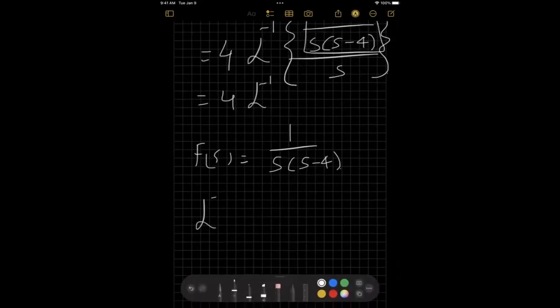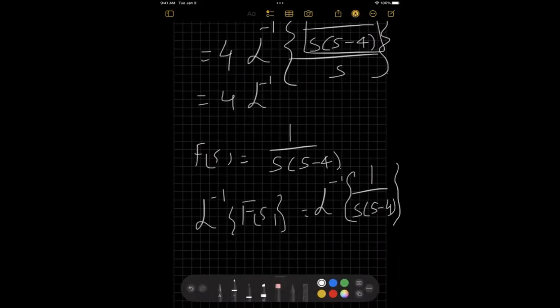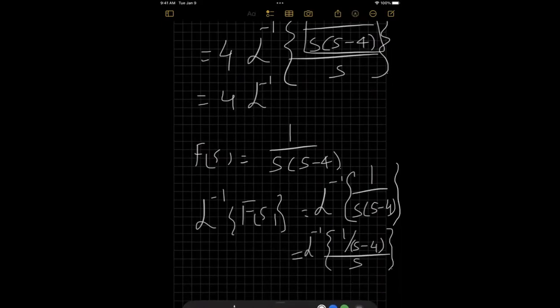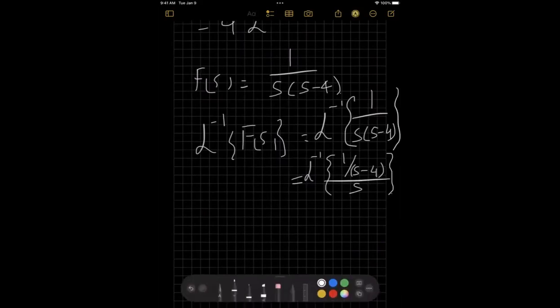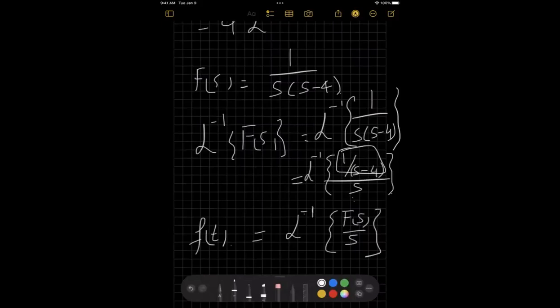Taking its Laplace inverse, we will have the Laplace inverse of 1 over s into s minus 4. I can write it as 1 over s minus 4, divided by s. Now this one is f of t, and this is F(s) over s again. Fine, you can see that.